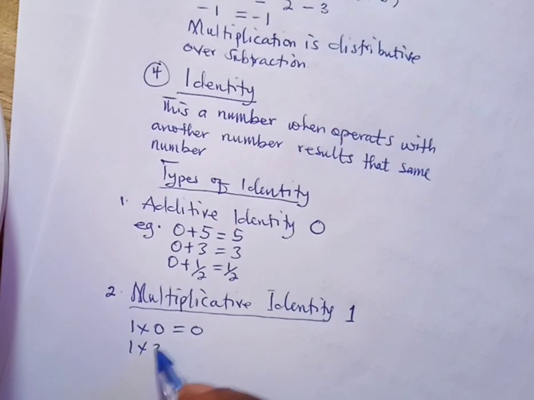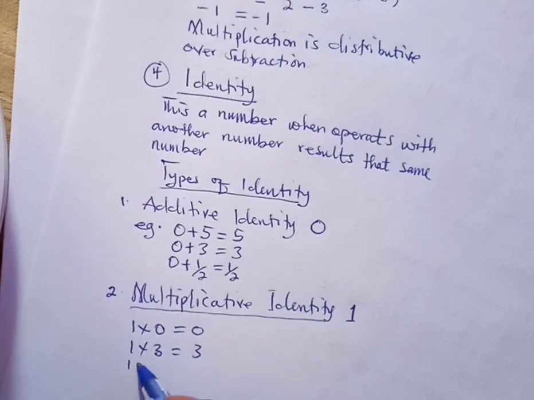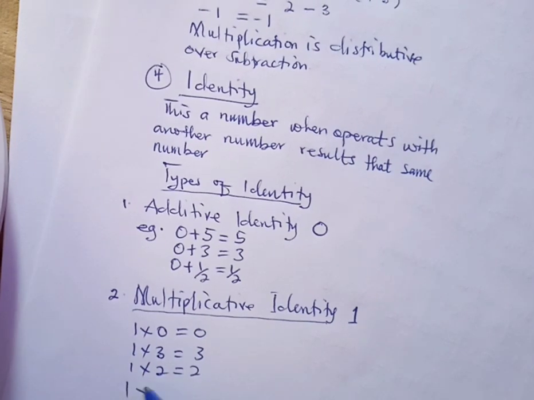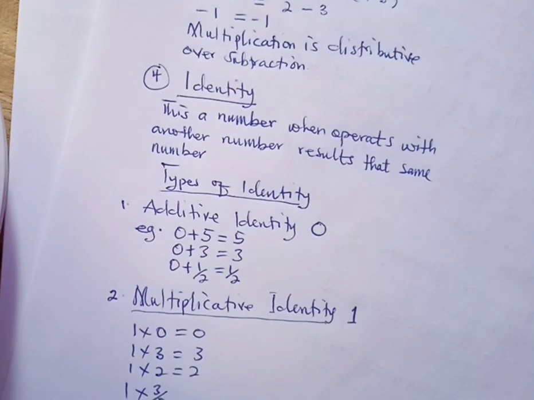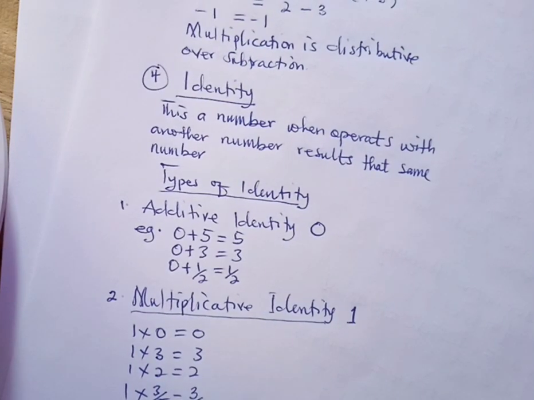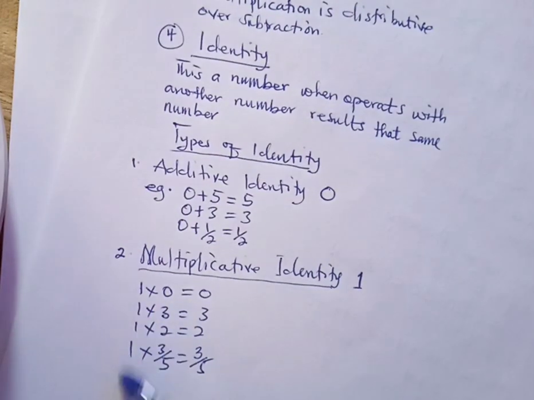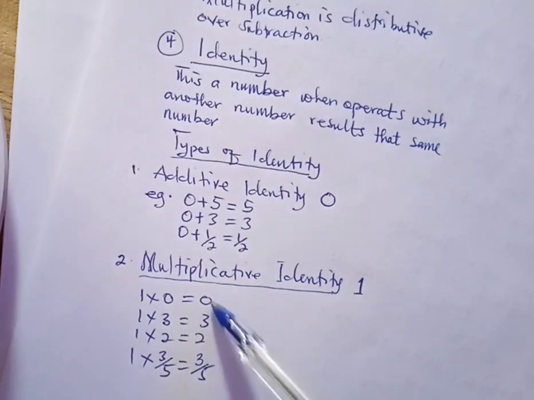So 1 times 3, you still get 3. 1 times 2, you still get 2. 1 times 3 fifths, you still get 3 fifths. Have you gotten that? So it means that when you multiply 1 by any number at all, you still get that same number.